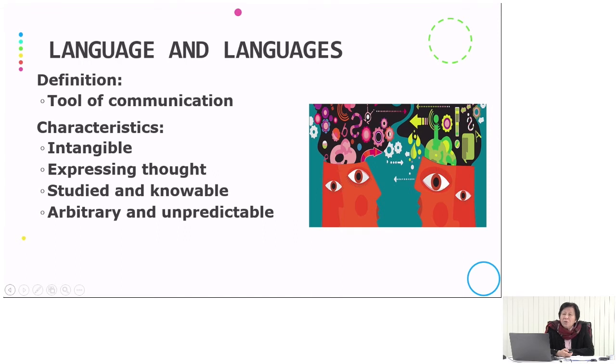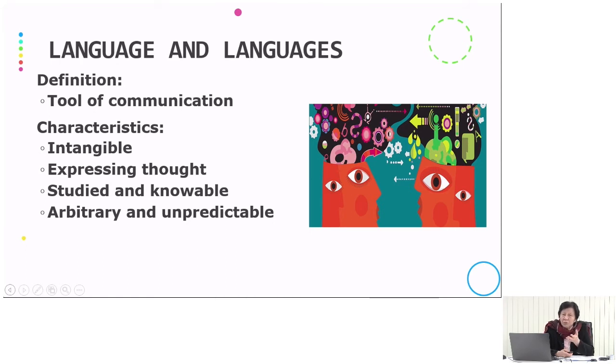So, when you use language, it is intangible. You cannot see it, but you hear it, and you cannot touch it. You can look, yes, but only with the eyes. If you don't have eyes, language is intangible for you.